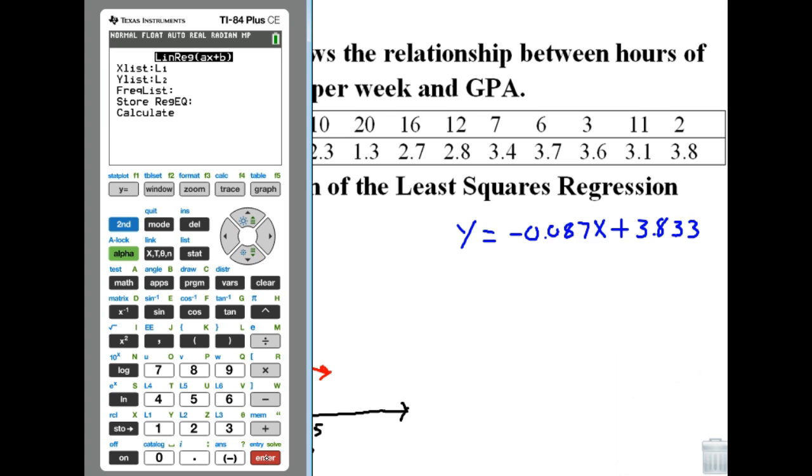We want the X list to be L1, Y list to be L2, and Calculate. It gives me an equation of the form y equals ax plus b, where the a is negative 0.087. We'll round to 3 decimal places, and the b is 3.833. So that's where this equation is coming from here.